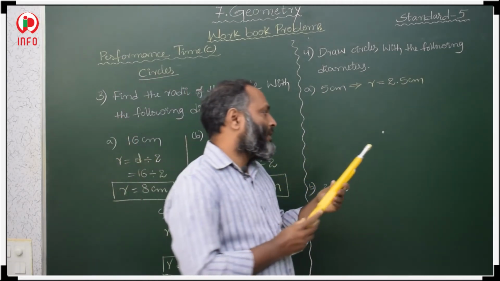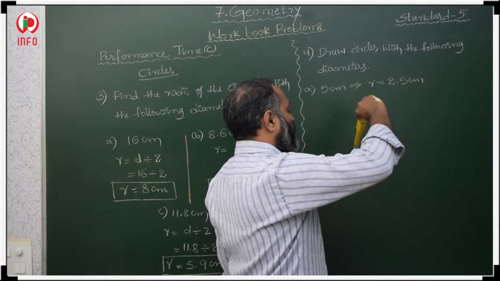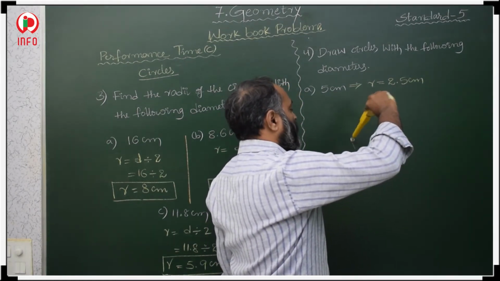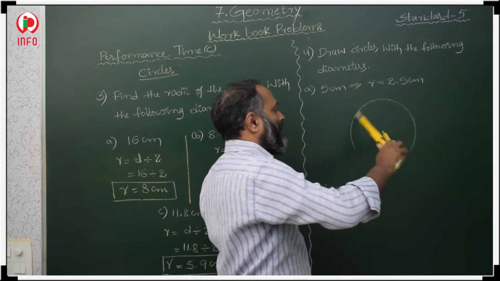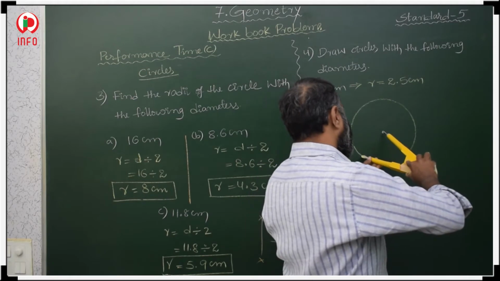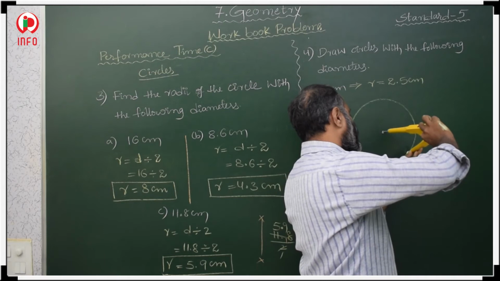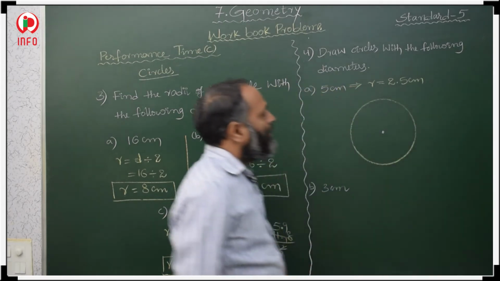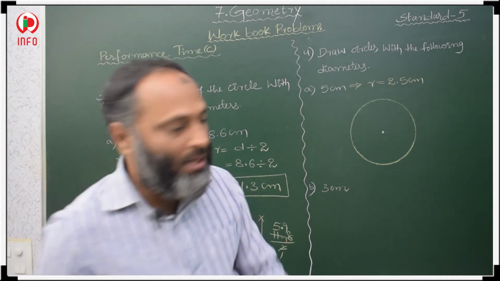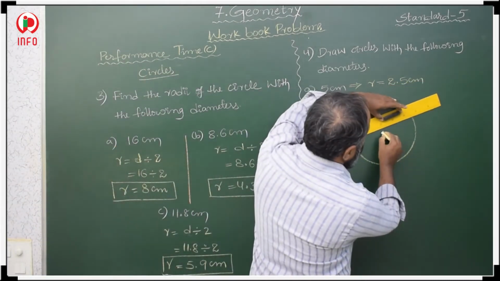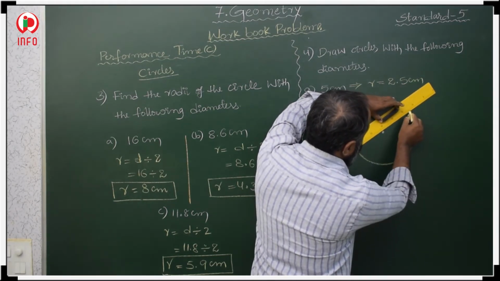Then after that, keep your sharp end on the center and rotate it like this. Then you will form a circle of radius 2.5 centimeters. After that, draw a radius from center to a point on the circle.